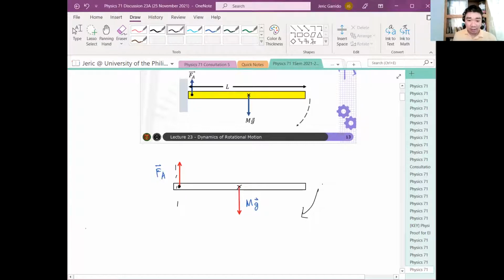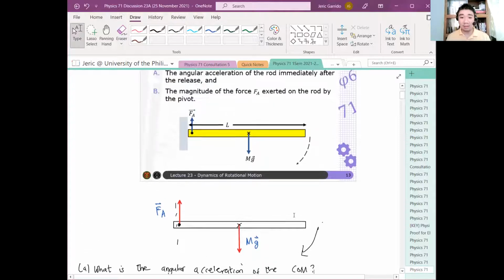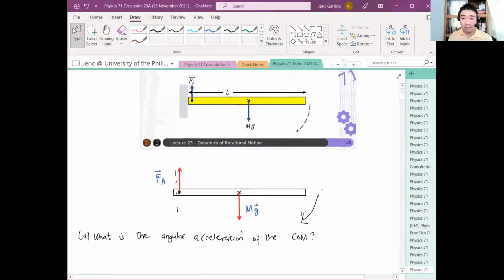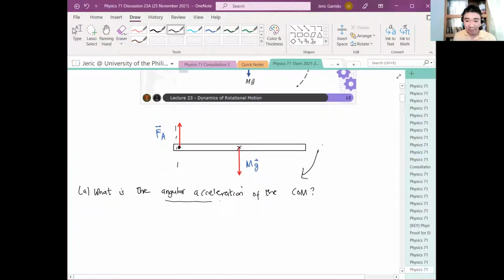So first, what is the angular acceleration of the center of mass? What is that angular acceleration? Since angular acceleration ang hinahanap, anong pinakamadaling hanapin muna?